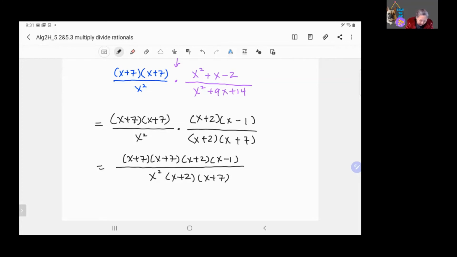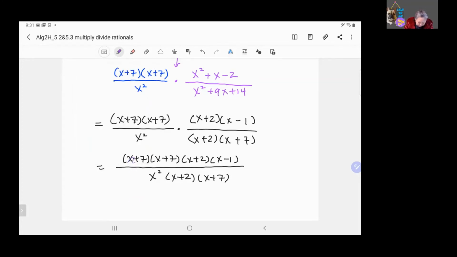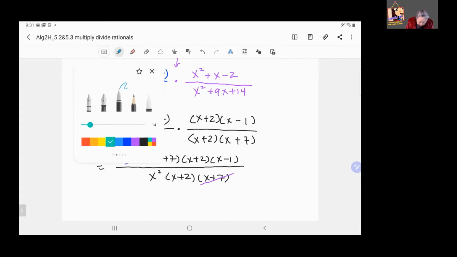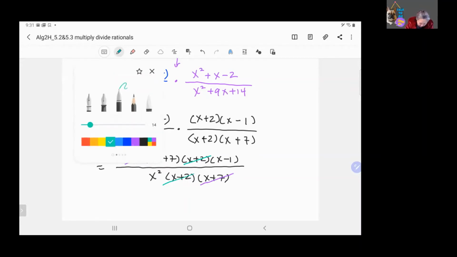Now I can recognize the same factors. So the first x plus 7 will cancel this x plus 7. Then is there more same factor? Yes, I see that. And then x plus 2 will cancel this. Besides that, I don't recognize any other.